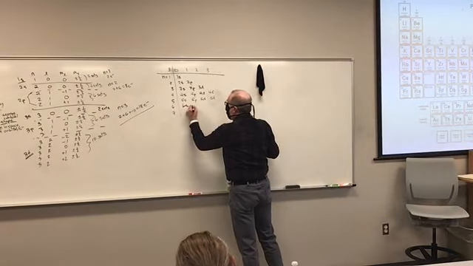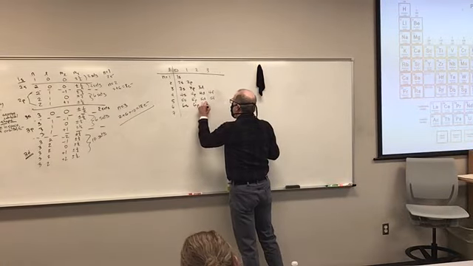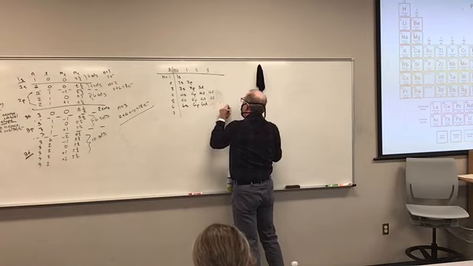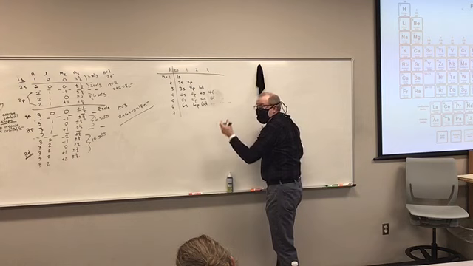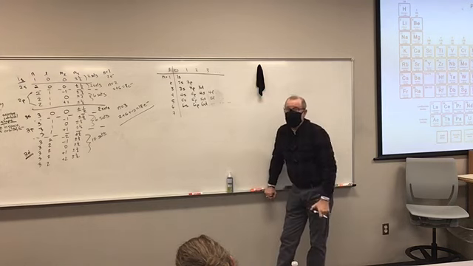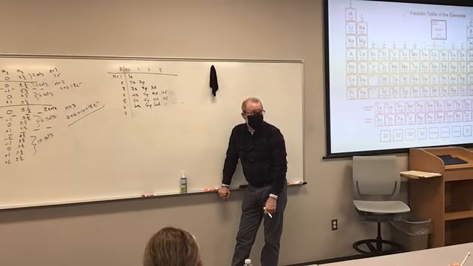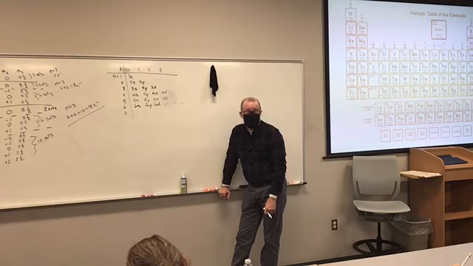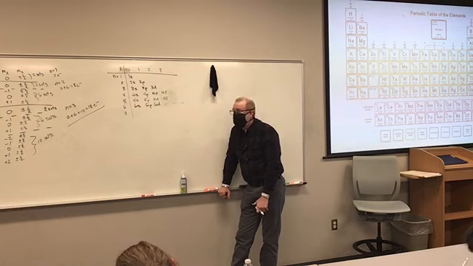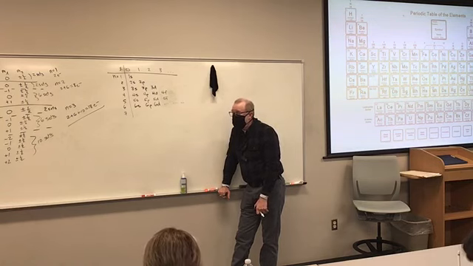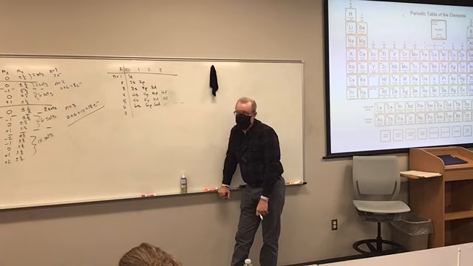6s, 6p, 6d, and again, there exist 6f, 6g, 6h, but in the real world of elements, we don't need those orbitals. We don't have electrons to fill them. As a matter of fact, if you believe one of my students from about 5 years ago, they're impossible.